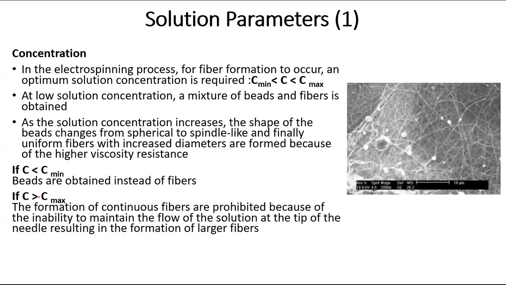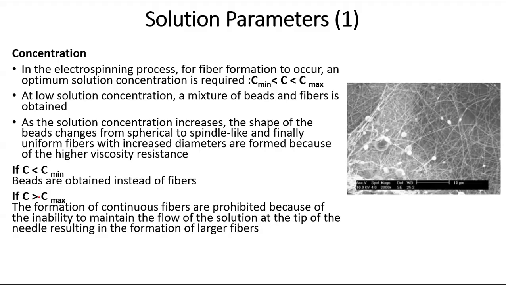So let's see how each of these parameters controls the fiber morphology and the diameter. If you take the solution parameter concentration, for fiber formation to occur in the electrospinning process, it needs to have an optimum solution concentration. It should exceed the minimal concentration and also it should not exceed a maximum solution concentration.